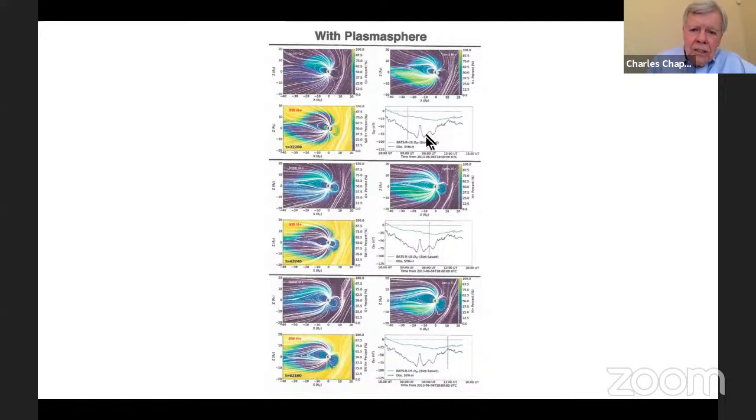So this is now in an isolated storm. This is a period of 24 hours. This first set is in the growth phase of it. This is in the expansion phase. And then this is in the recovery phase. So what do we see in terms of what's contributing?